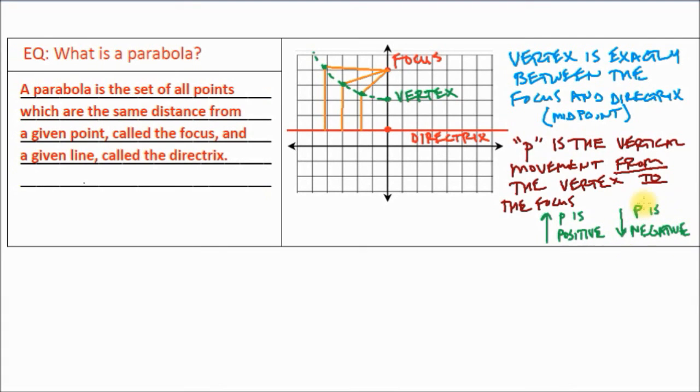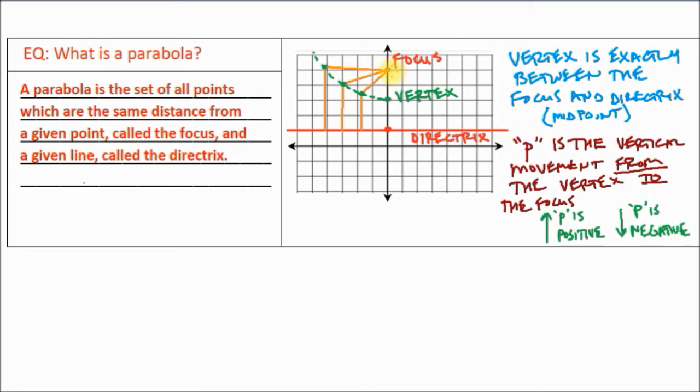Now keep this in mind. As we go along with this, you'll find out why this is very important. Let's put little apostrophes around P so we know this is the value of P. So in this graph, to go from the vertex to the focus, this is a positive movement. I'm going to mark this.